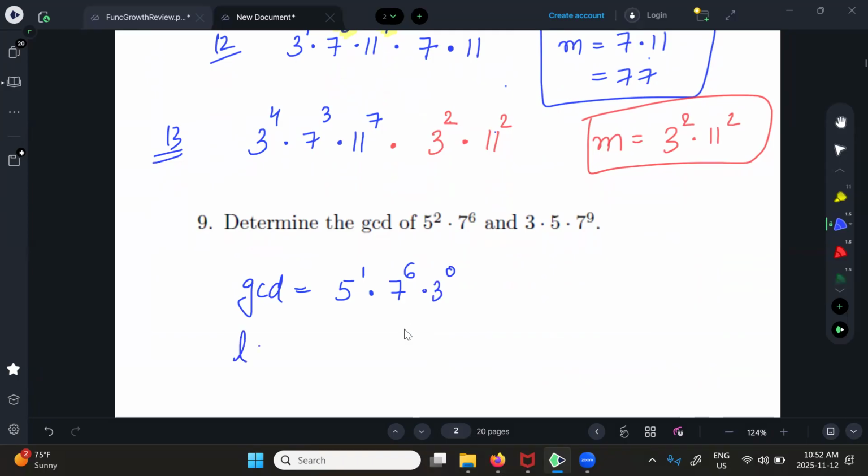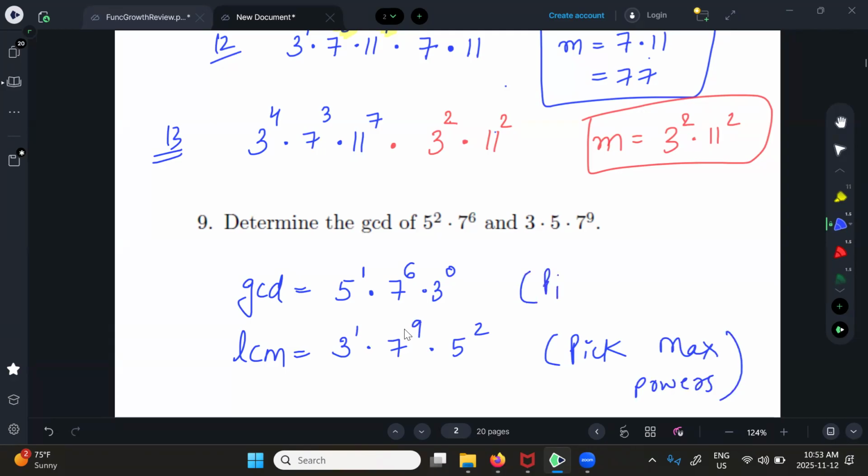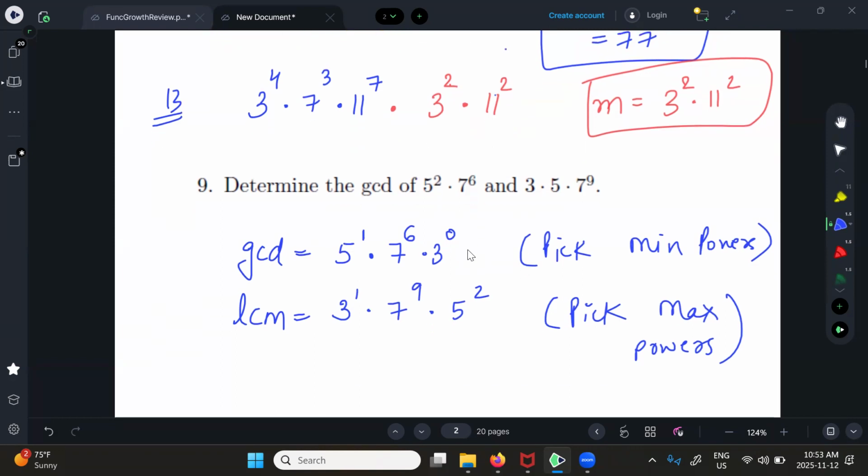Okay, LCM, on the other hand, is where you take the maximum power. So 3 to the 1, 7 to the 9, 5 to the 2. Pick max powers for LCM, pick min powers for GCD. Okay? Remember this? Solve examples from the lecture notes.